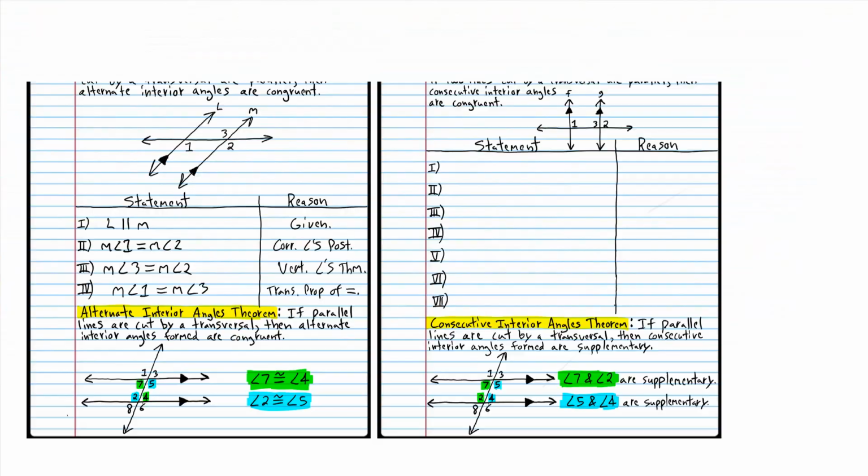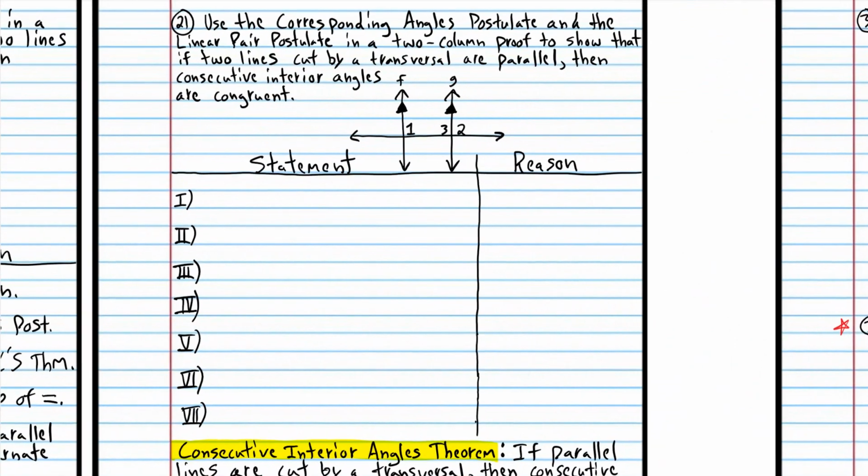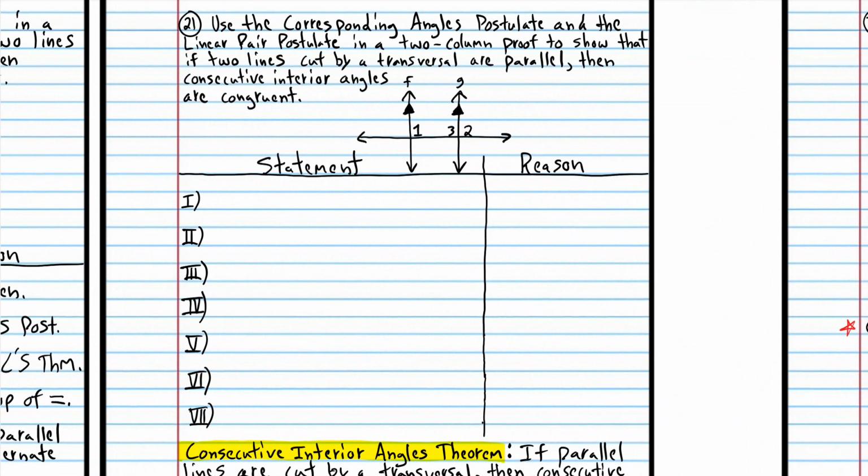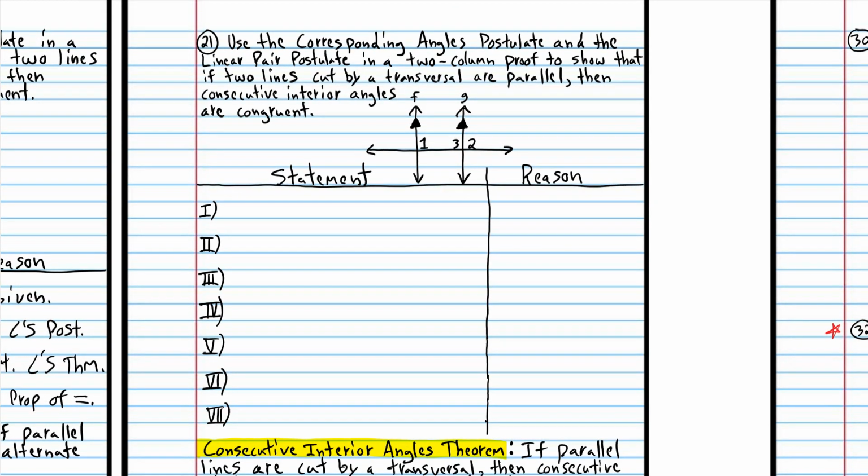Now the next proof is going to be a little more difficult. It says here, use the corresponding angles postulate and the linear pair postulate in a two-column proof to show that if two lines cut by a transversal are parallel, then consecutive interior angles are congruent.